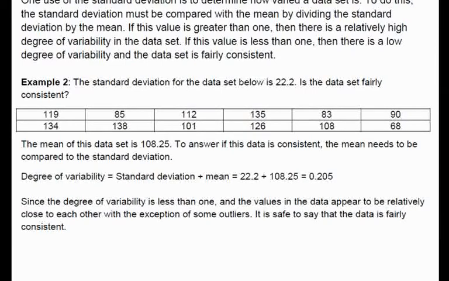So let's look at the second example. Here it says the standard deviation for this data set is 22.2. Is the data set fairly consistent? Now I'm just looking at it, and it looks like it doesn't really range too much.